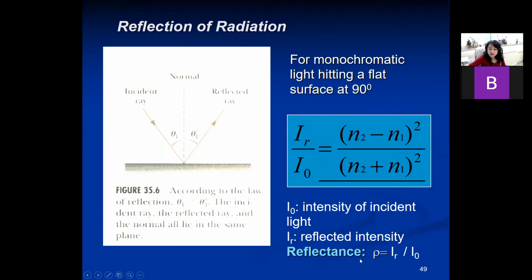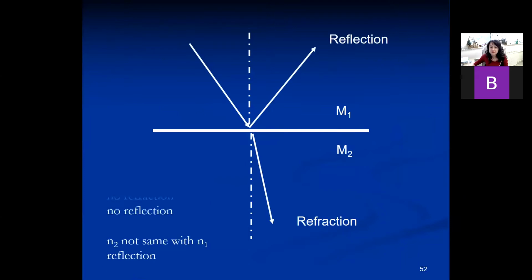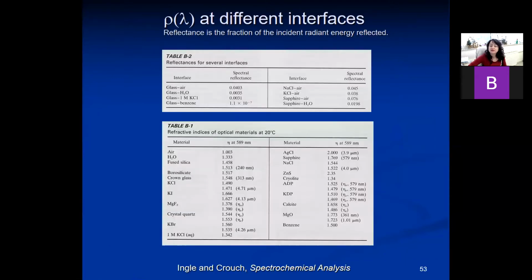What is IR? It is the intensity of the reflected light, divided by the intensity of the incident light, the light which is coming. So the reflectance values of some different media are in the table.